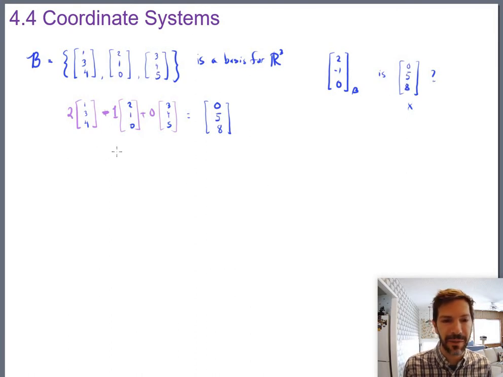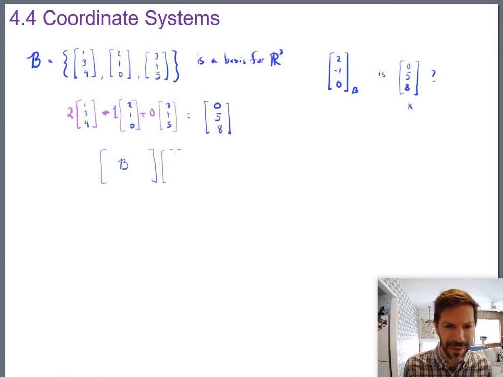So notice basically what we ended up doing here was taking the 3 basis vectors, making them into a matrix.